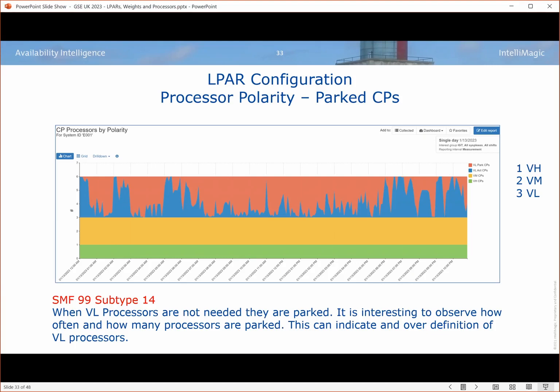That can sometimes be a very interesting picture to look at to see how often and how many processes are being parked, logical processes, vertical low processes, okay? That can sometimes indicate that, well, we have an LPAR, we've defined 10 processes, 6 of them are vertical lows, and almost always 3 of them are parked. Well, that gives you a pretty good indicator that you can get rid of those, okay, as far as that particular workload on that particular day.